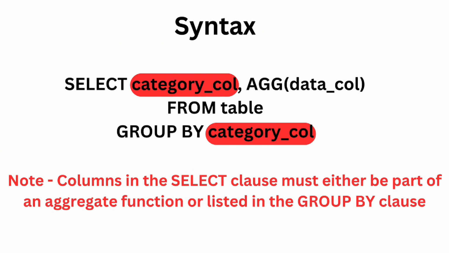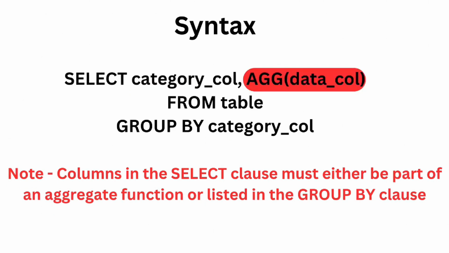If we're using a group by statement, then if we're selecting a particular column just by itself, it must be included in the group by statement. So notice here, I've decided to select the category column, then that particular column must also appear in the group by statement. The only exception to this is if I'm calling some sort of aggregate function on the column itself. In this case, because I'm aggregating something on the data column, it does not need to be included in the group by statement.